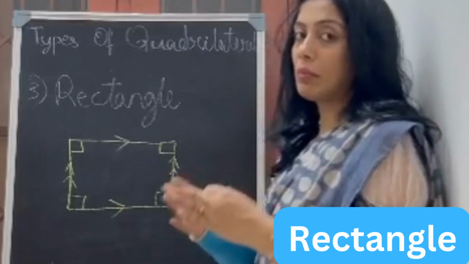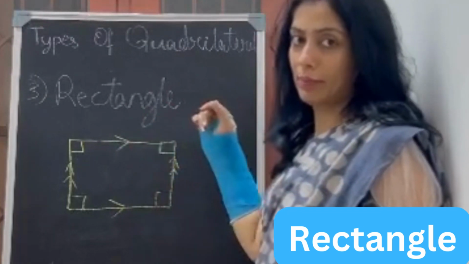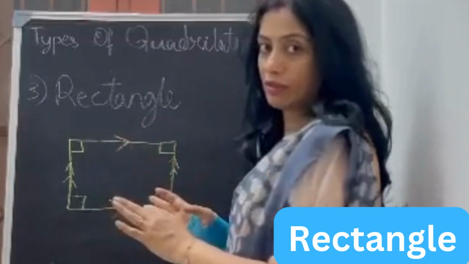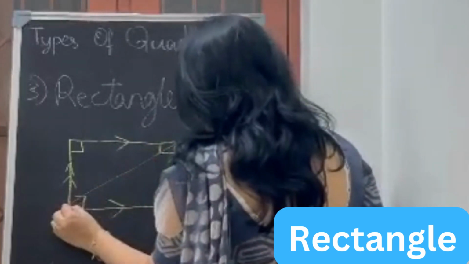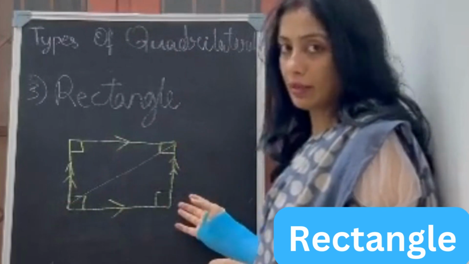If a parallelogram has all the angles as 90 degrees, then it is a rectangle. Friends, that's the only difference. Everything else is the same. The diagonal will bisect it, opposite sides are equal, opposite angles are equal.